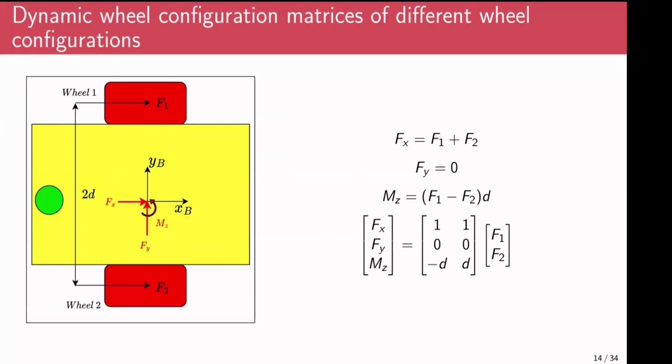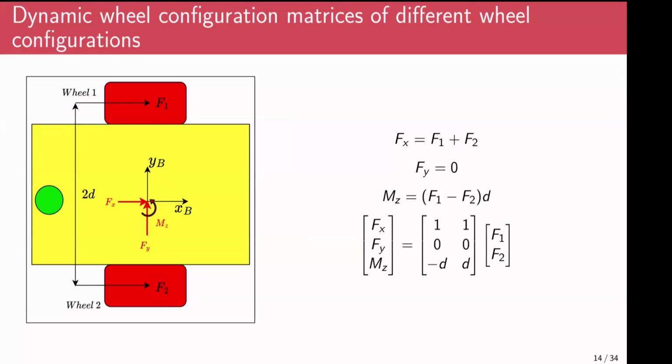And then we would like to know how that translates to the traction force on each of these wheels, F1 and F2. Doing so is actually much simpler, because you only have to consider the equilibrium with respect to the x-axis, the y-axis, and the moment equilibrium about the z-axis.